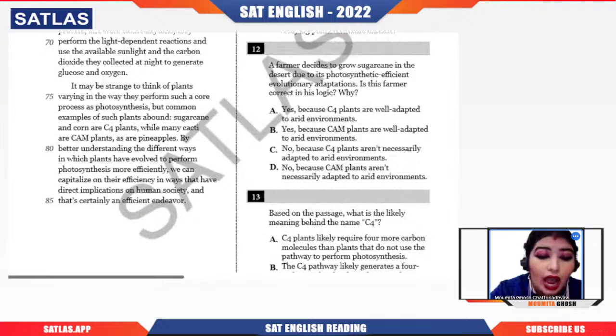And for human society, the crops which are grown due to photosynthesis are also very helpful. So it has turned out to be an endeavor for all of us, for all the human society.